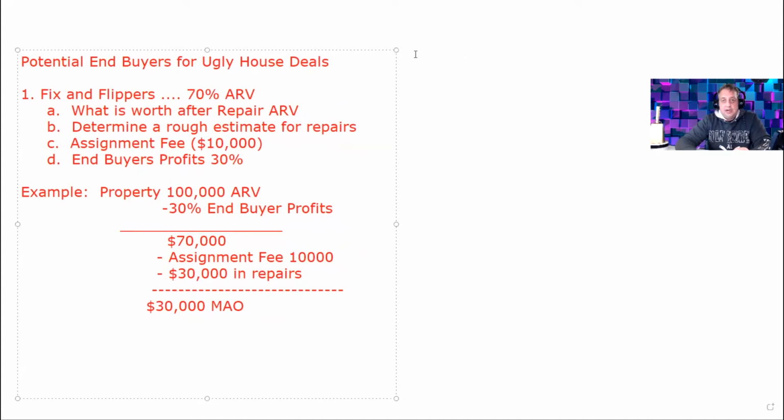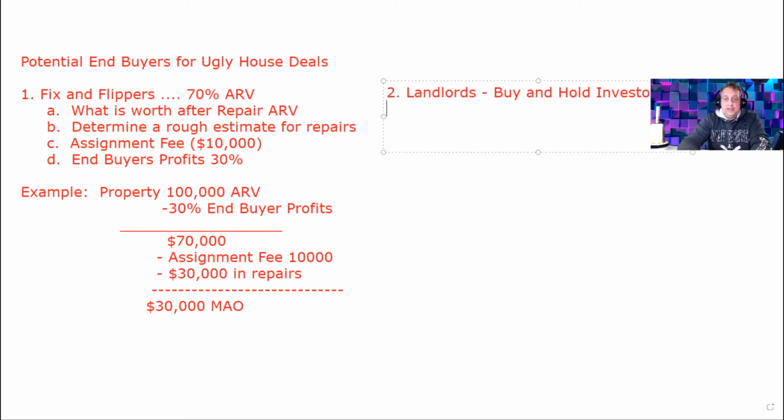The next type of buyer that we have is buy and hold investors. Now, let's go ahead and calculate our maximum allowable offer for a landlord or buy and hold investor. It is a little bit different than we see with the fix and flippers.